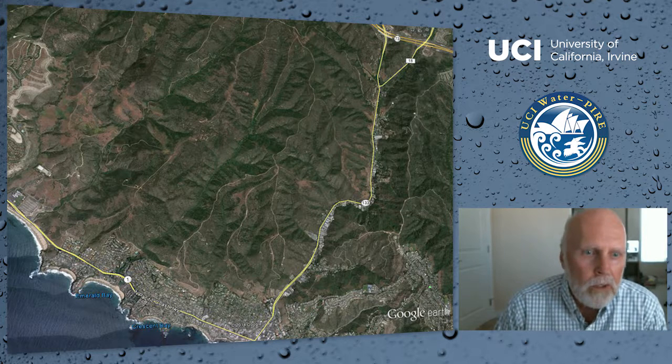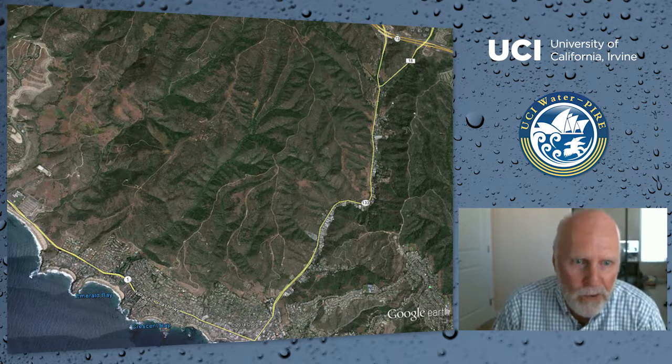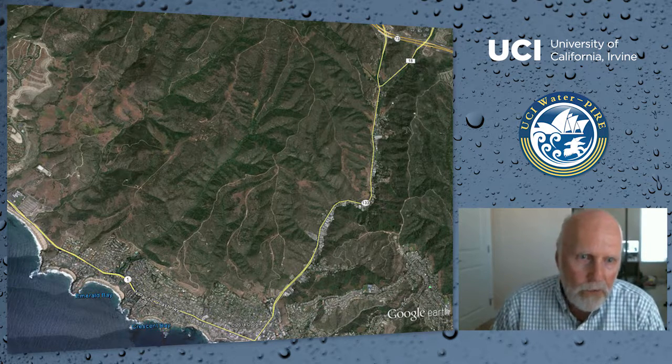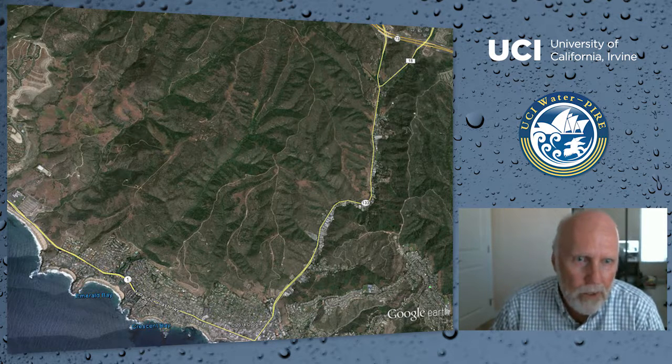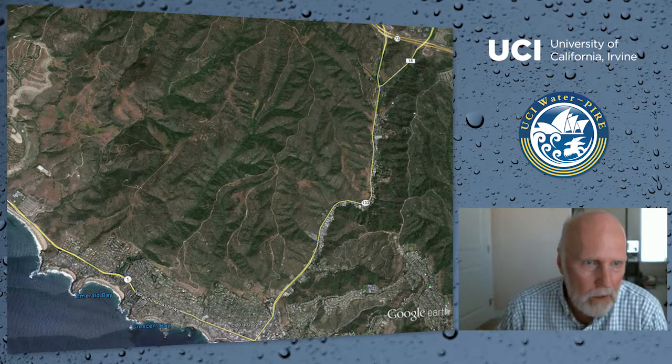To illustrate what the urban stream syndrome represents, imagine in this undeveloped watershed that you're a raindrop falling on the middle of this image. That raindrop is going to hit vegetation, so some of it will attach to the vegetation, some of it will be broken up as it hits the ground, some of it will hit the ground directly, and some of that will be absorbed. Eventually, if there's enough rain, it runs off a little bit and slowly builds up into some runoff that goes into the streams that are illustrated here.